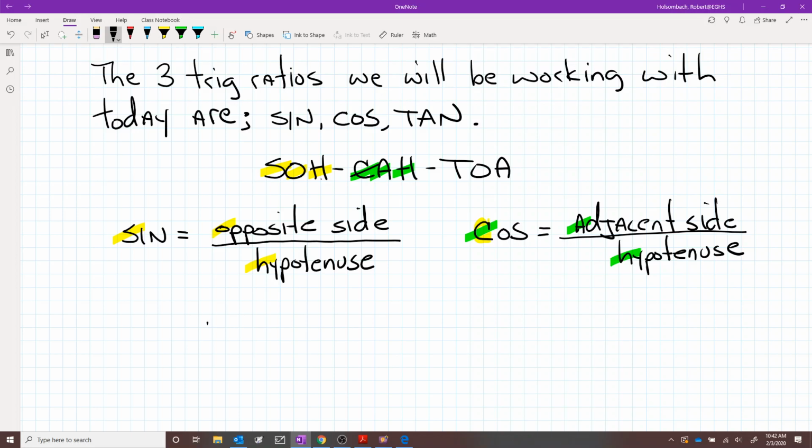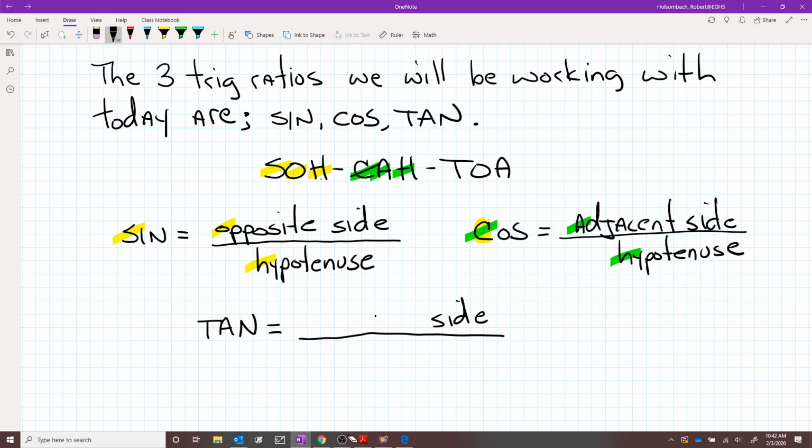And finally, tangent of an angle is equal to the adjacent side divided by, wait a minute, no it's not. Sorry about that. TOA. What's the O stand for?